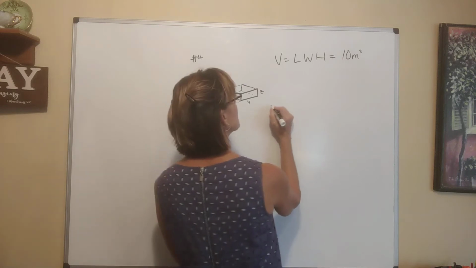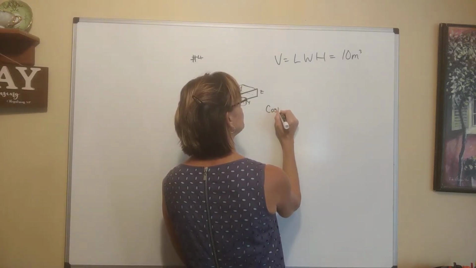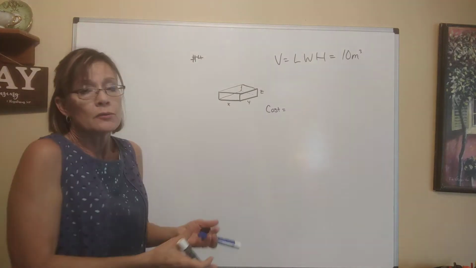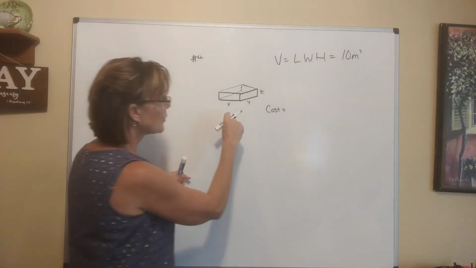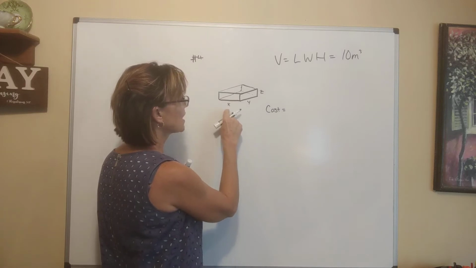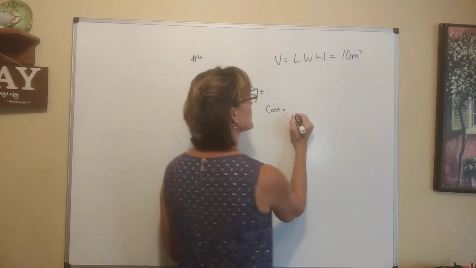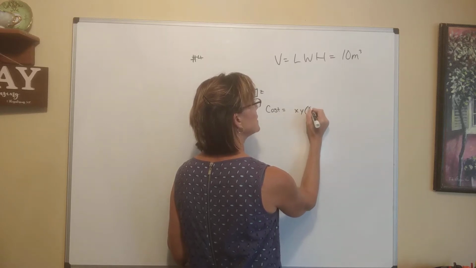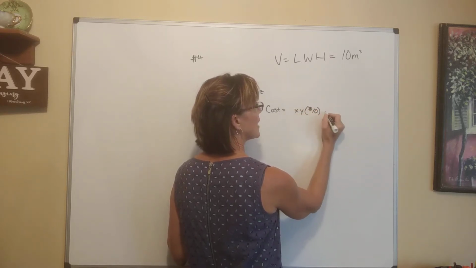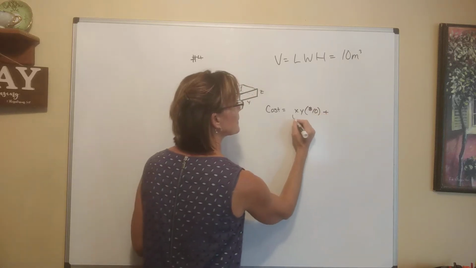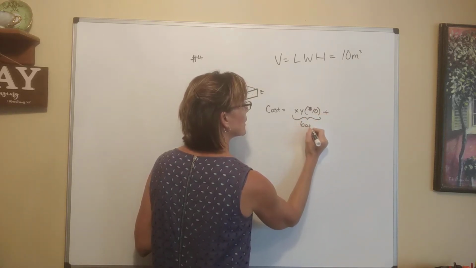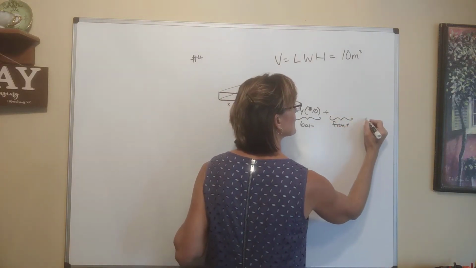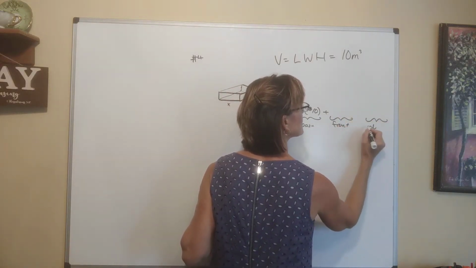So the cost of the materials is going to be the surface area, right? That's what you construct the box out of. So the base has the dimensions X times Y. So the cost will be the base, and there's only one of those, times $10. So that is going to be the cost of the base. Okay, and then let's do the front panels, and then we'll do the side panels.